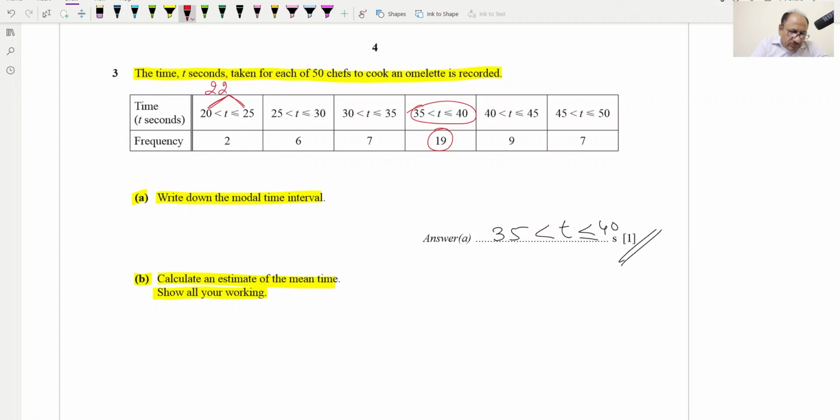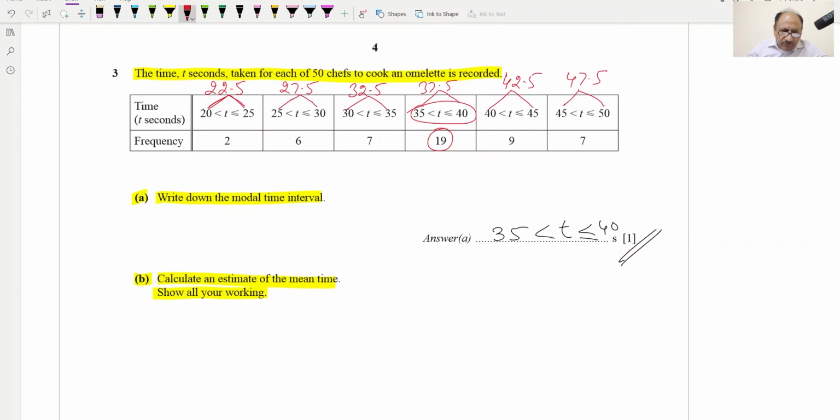So we can write here 22.5. Similarly, we can find the middle values of 25 and 30. It will be 27.5. By the help of a calculator you can solve, and this will be 32.5. Similarly, the middle value of 35 and 40 will be 37.5, and the middle value of 40 and 45 will be 42.5. Similarly, for 45 and 50 it will be 47.5. These are the middle values.